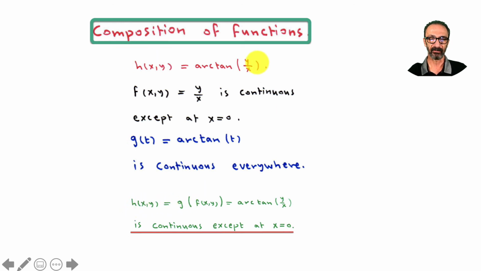So my original function, because it had an issue right here, we say that our function g of f of xy, which is arctan y over x, is continuous except at x equals 0, because I can't plug in 0. It's not in my domain anyway.